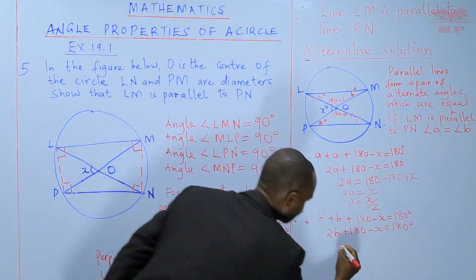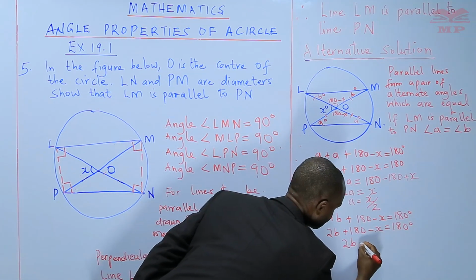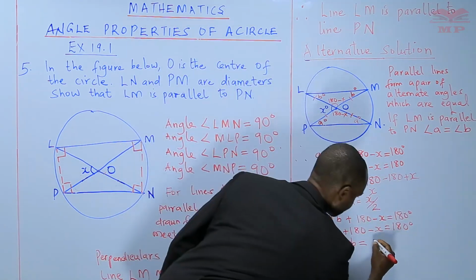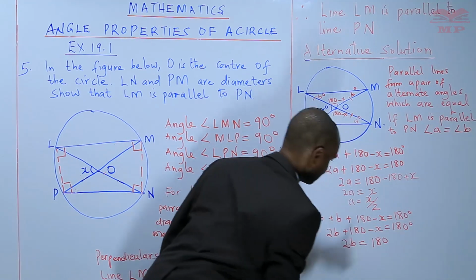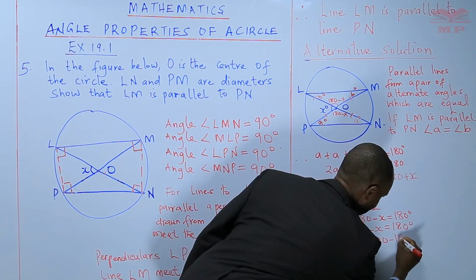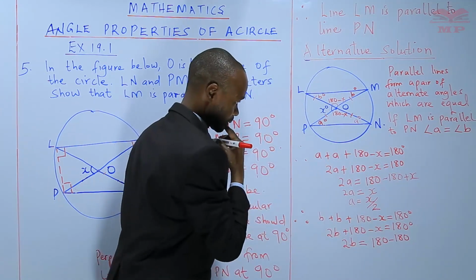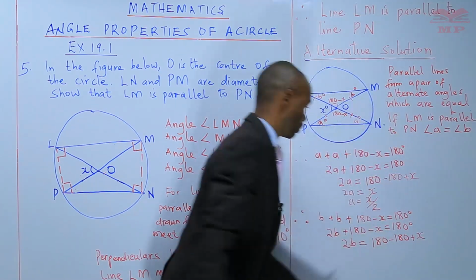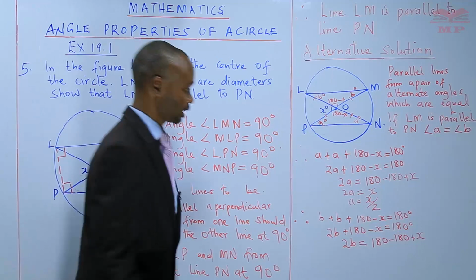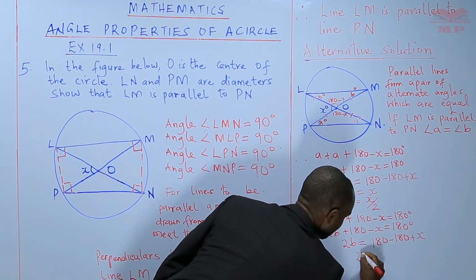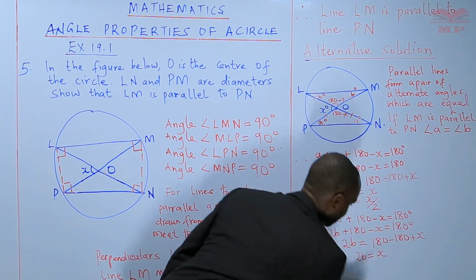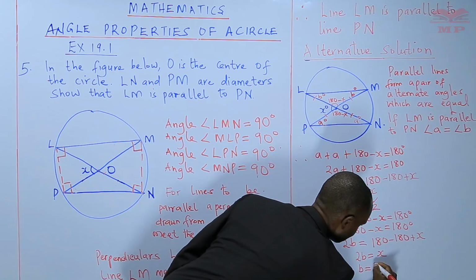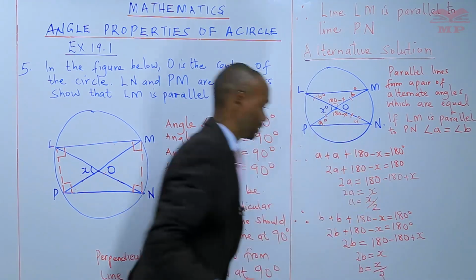We move ahead by saying 2B is equal to, you take 180 the other side, it becomes 180 minus 180, plus x, which now becomes positive. So 180 minus 180 is 0. Therefore, 2B is equal to x. Therefore, B is equal to x divided by 2.